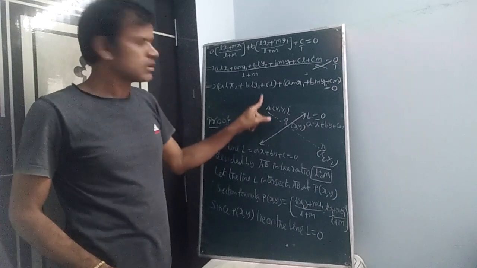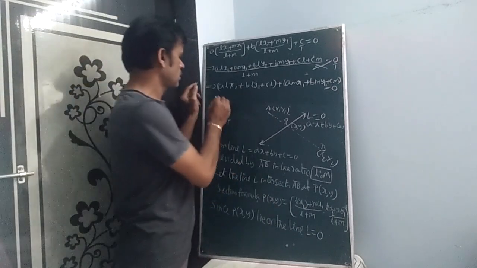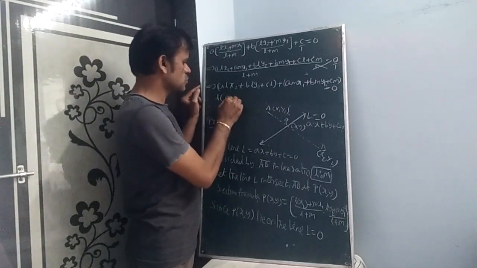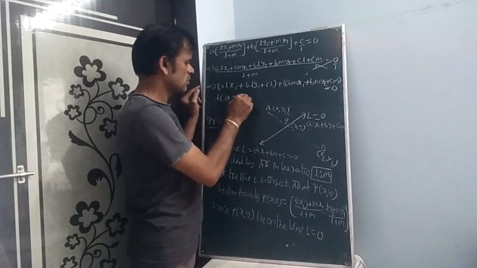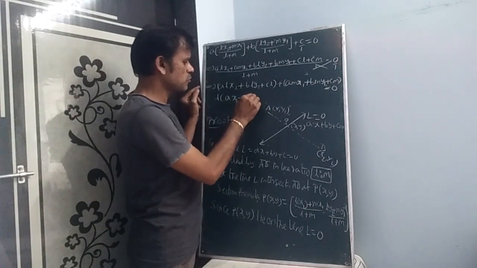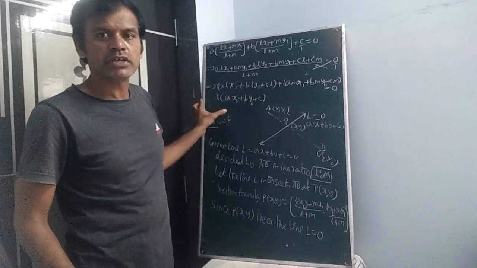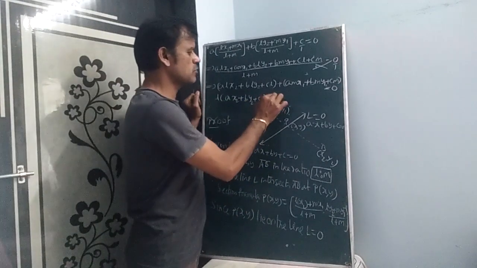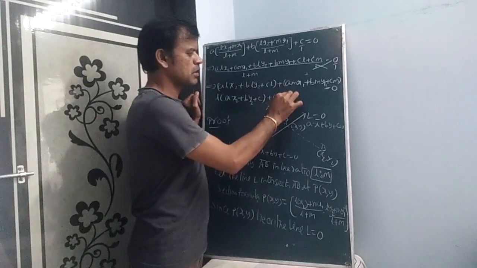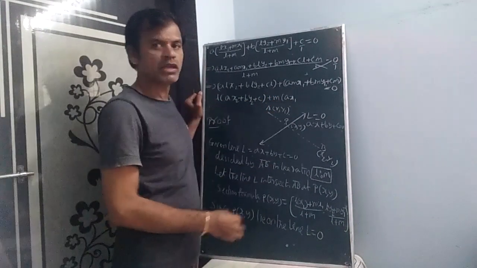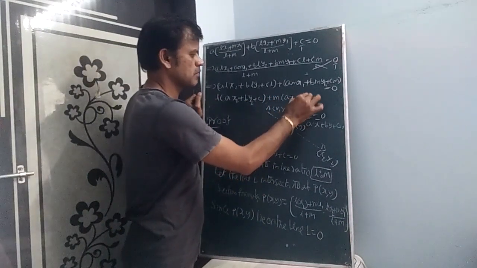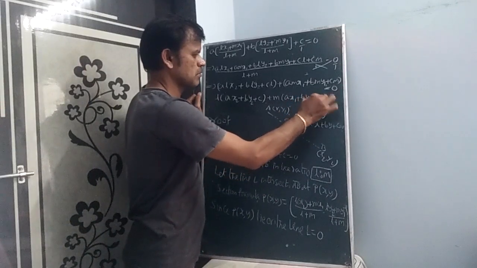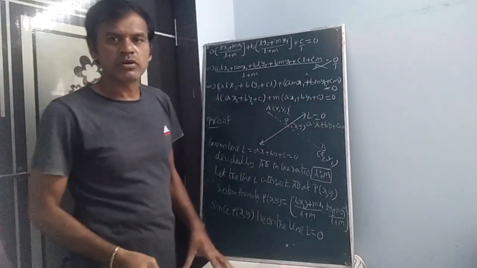Now you do one thing. Here L we can take common: L into (AX2 plus BY2 plus C) plus M, you take common here, (AX1 plus BY1 plus C) equal to 0.